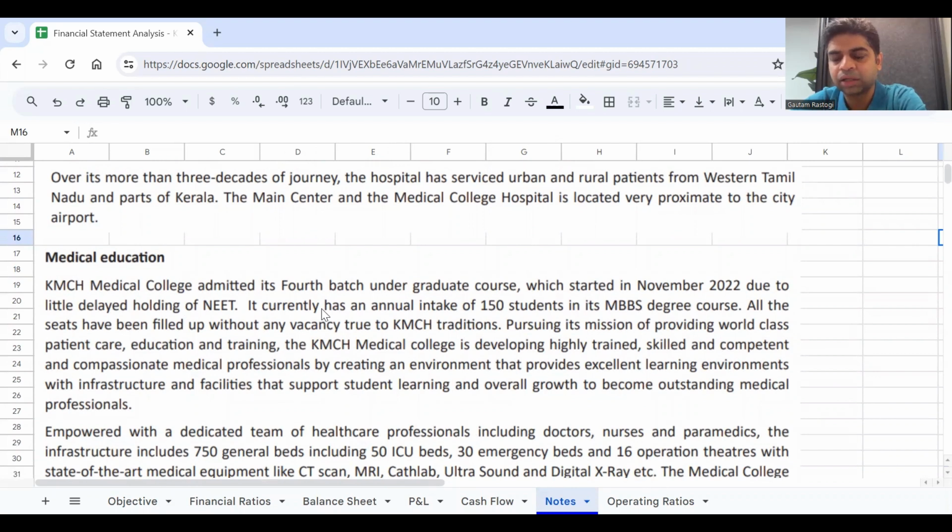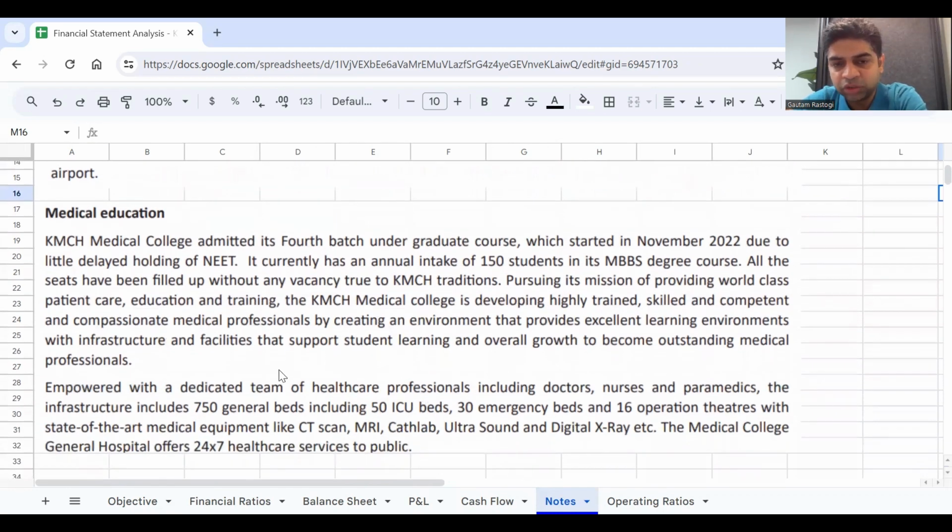This year was the 4th year of its operation, and the student intake is around 150 annually. The company right now is trading at a market cap of I think 3,300 crore. So with that, let's first quickly scan through the financial statements.